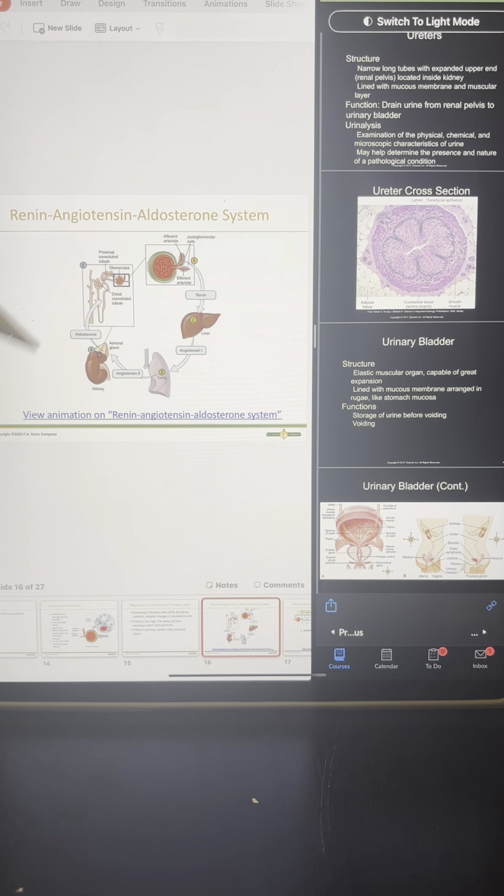But at the same time, it will stimulate the adrenal gland to make aldosterone, to make sure it reabsorbs salt and reabsorbs water, to create higher fluid volume in our vessels, to also bring our blood pressure up.